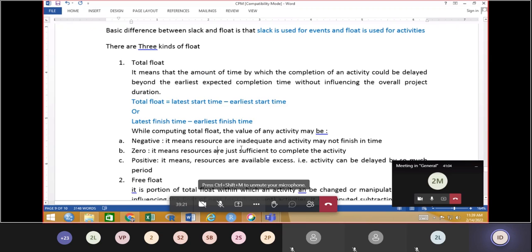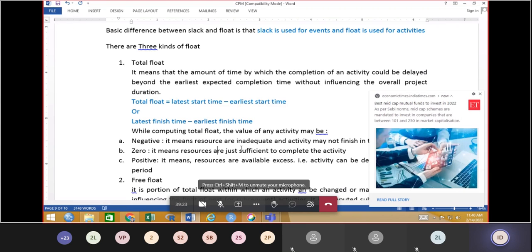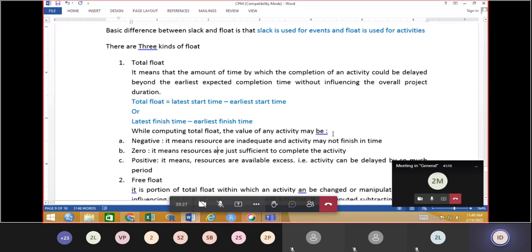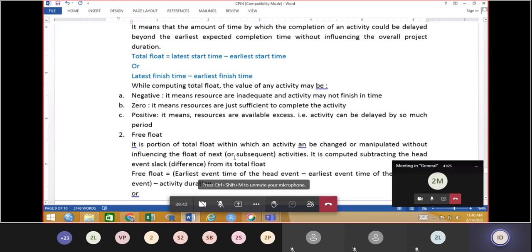Only that much quantity of raw material is there. How much duration, that much period is required. Suppose 5 days are there, so only 5 days are required. No other extra resources are available, so it is zero.